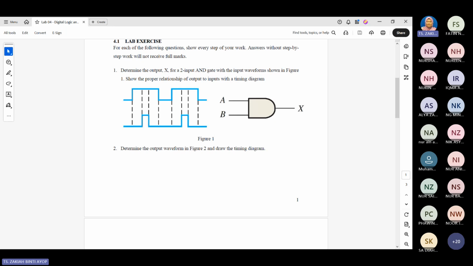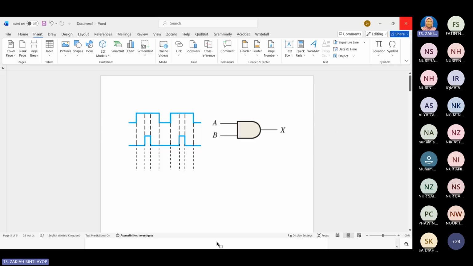Now for this question 1, what you need to do is understand what type of function we need to do for this timing diagram. So you were given an input timing diagram, A and B here, and then know what type of gate that we are using, from the question that was given to you. I hope you can see this.